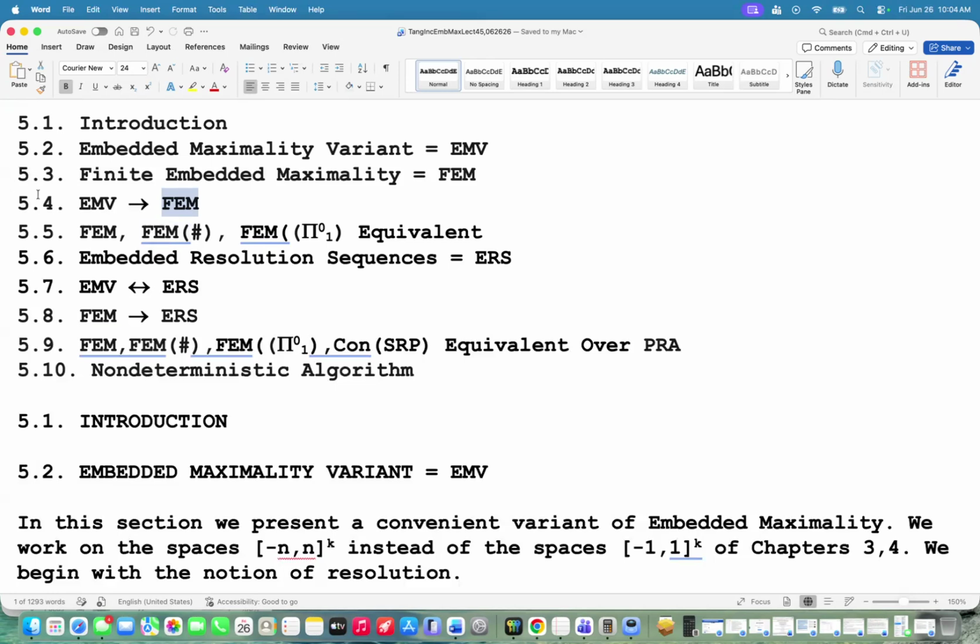So FEM sharp is already what we want. However, we can do even better. It's not difficult to do better and actually make this explicitly pi 01 without any real complication. Just flat out, explicitly pi 01 without any issue. And you'll see that.